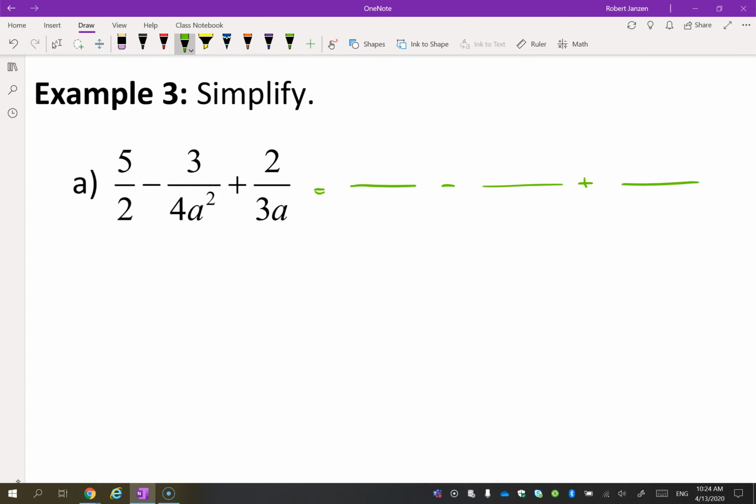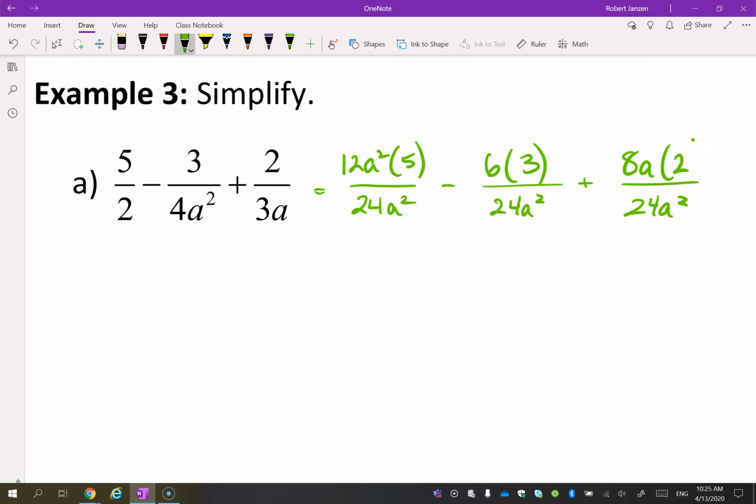So we've got three fractions, and what is the least common denominator here? Looks like 24a squared. So I multiply the 5 by 12a squared. I multiply the 3 by 6. And I multiply the 3a by 8a. I multiply the 2 by 8a.